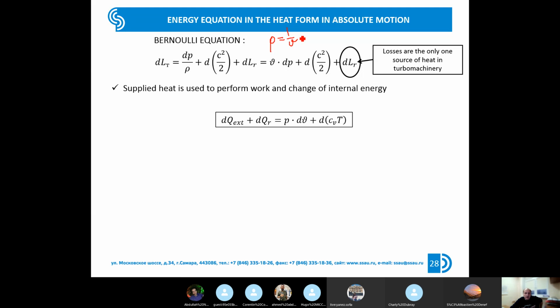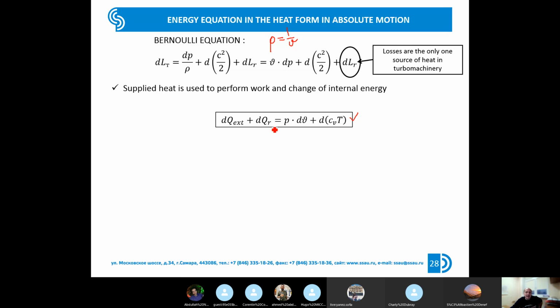Let's write the equation of the first thermodynamic law. It will look like this formula, and this law says that all supplied heat, meaning external heat and internal heat, is spent on the change of the volume and the increase of internal energy of the thermodynamic system.